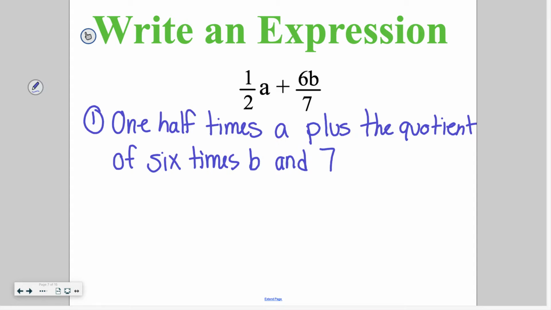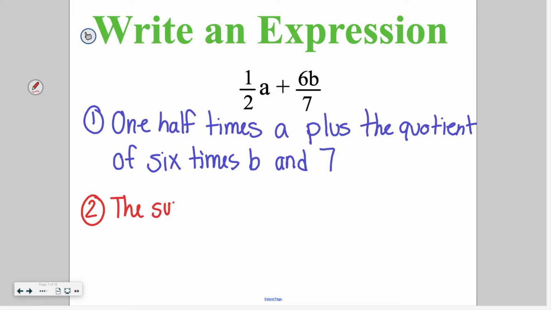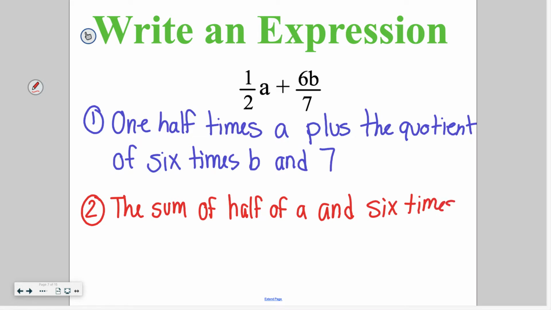Another option for this one would be using phrasing like the sum to tell you that you're adding. So the sum of 1/2 of A and 6 times B divided by 7.